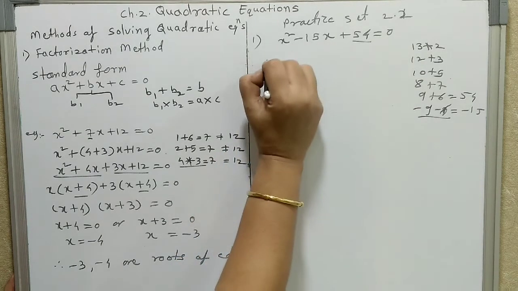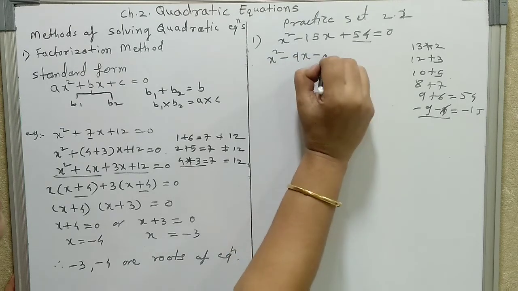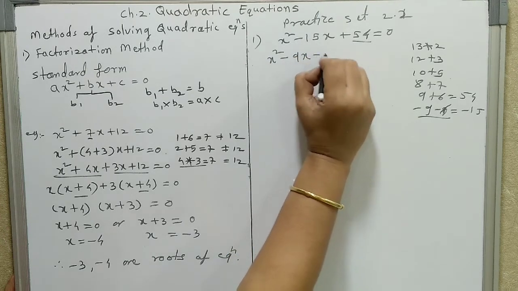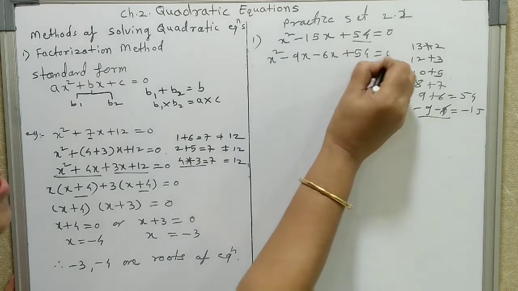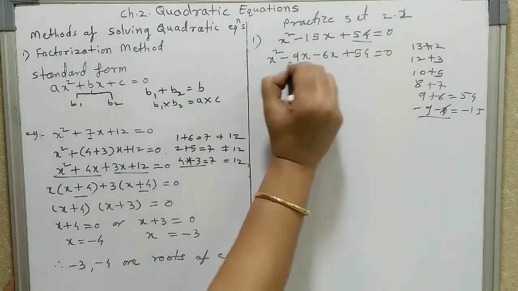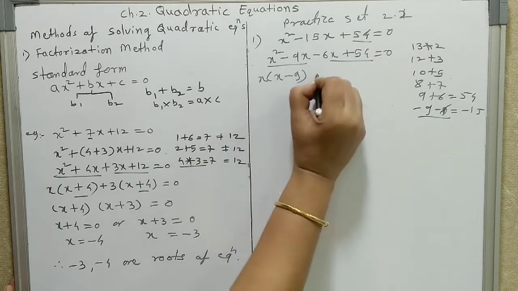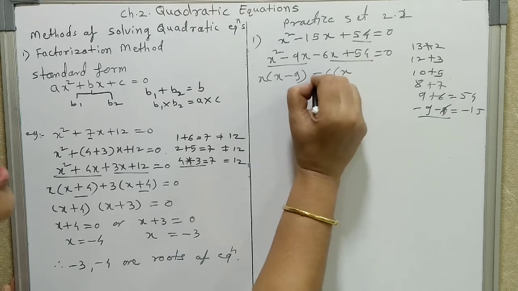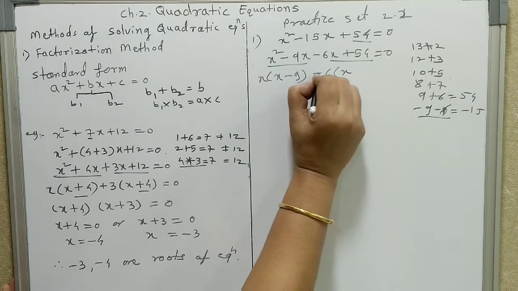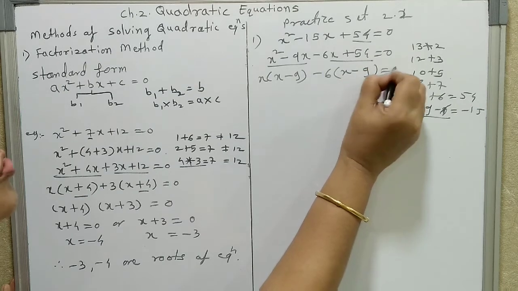So put in this equation: x square minus 9x minus 6x plus 54 is equal to 0. Now take x common in these two terms: x minus 9, and the sign here is minus, so we write minus, but the sign changes because outside the bracket there is a minus sign, so minus 9 is equal to 0.